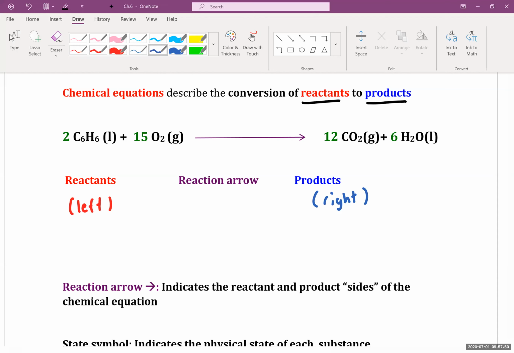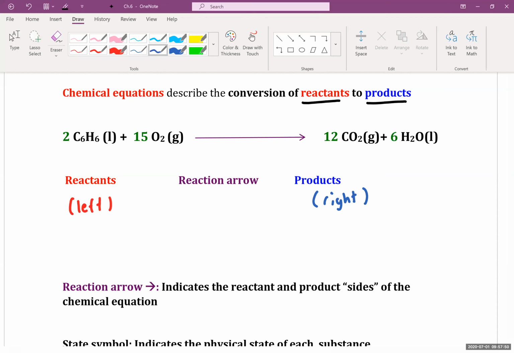So now you may also notice in our chemical equation we have a series of numbers. So these numbers are very important in this chapter, and they're known as the reaction coefficient. They indicate the number of each molecule, atom, compound, etc., participating in the chemical reaction. Now, there's no such thing as half an atom.